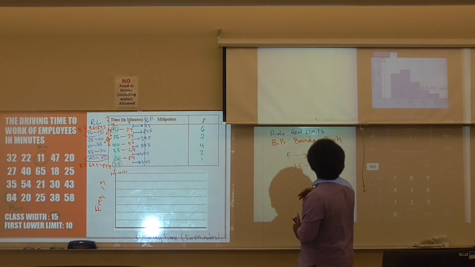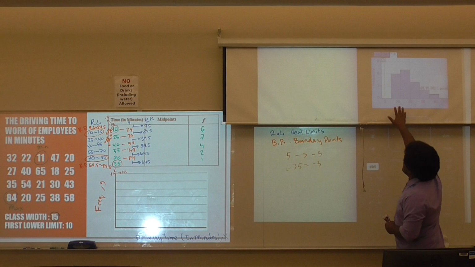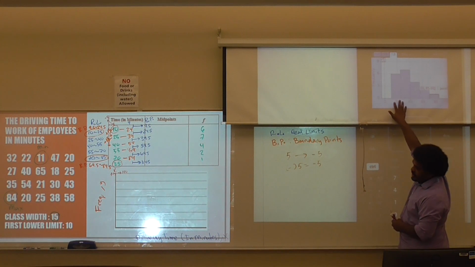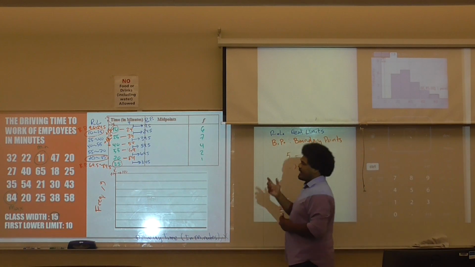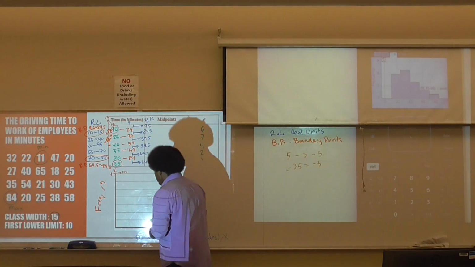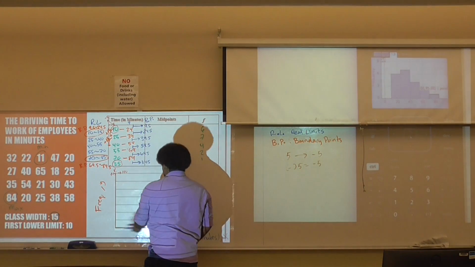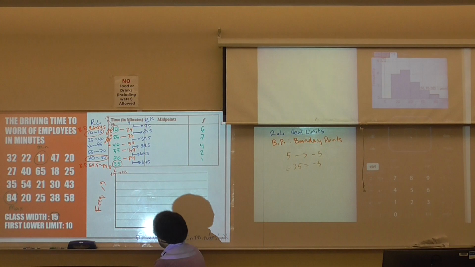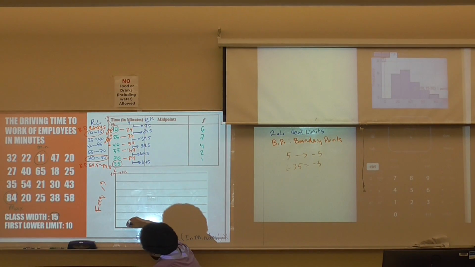Our book is not doing the row limits. The book is doing boundary points, so we're going to keep to the boundary points that your book is doing. I'm going to start with the first boundary point and work our way down from there. So probably we put 9.5 right here. Over here we can put our 24.5.